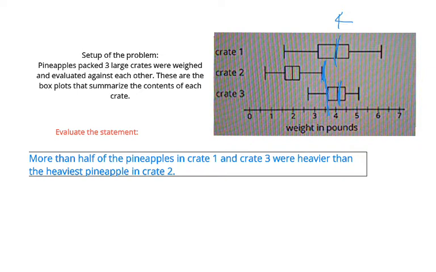So the statement that more than half of the pineapples in crate 1 and 3 are heavier than the heaviest pineapple in crate 2 is true. Honestly, it's just a matter of definitions: half of the pineapples are bigger than 4 in both crates 1 and 3, and the biggest pineapple in all of crate 2 is 3.5 pounds. So we do know that to be true.